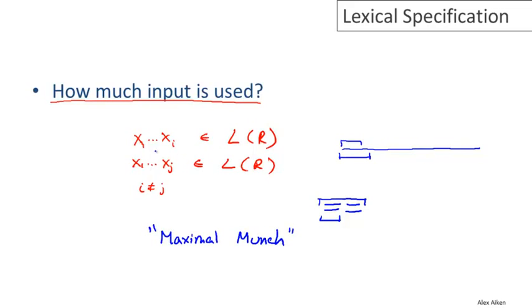So the rule is that when faced with a choice of two different prefixes of the input, either of which would be a valid token, we should always choose the longer one. The reason for this is that's just the way humans themselves read things. When we see a double equals, we don't see two different equal operators, we see a double equals.